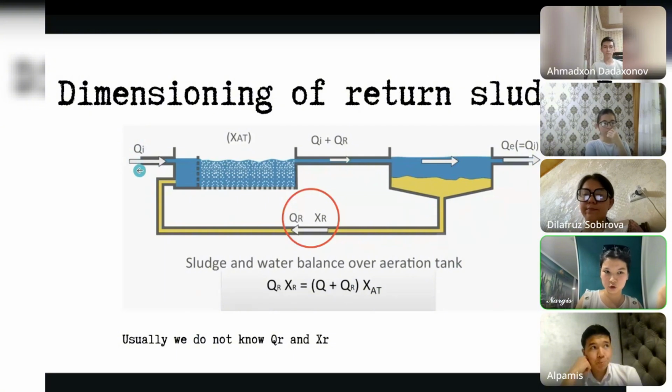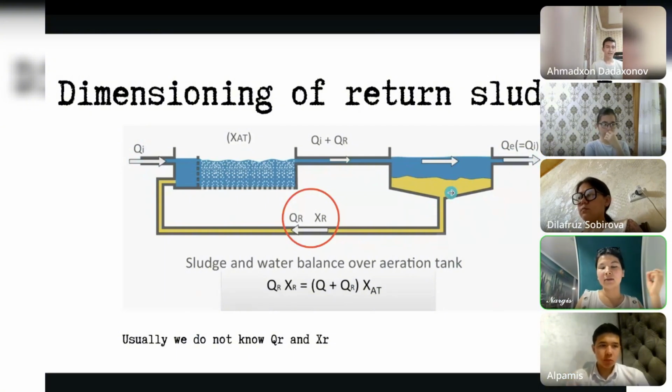So QI here equals QI there. Our second assumption is that the water leaving the secondary clarifier doesn't have any sludge left in it. This is an assumption because water might catch some of this sludge, but we just assume that there should be none.